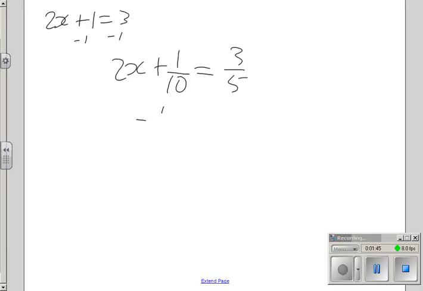Well, that doesn't change just because it's a fraction. So we must subtract 1/10 from both sides. Here I get to apply the opposite operation, so those two created a zero pair. They're gone. I'm now left with 2x equals whatever 3/5 take away 1/10 is.